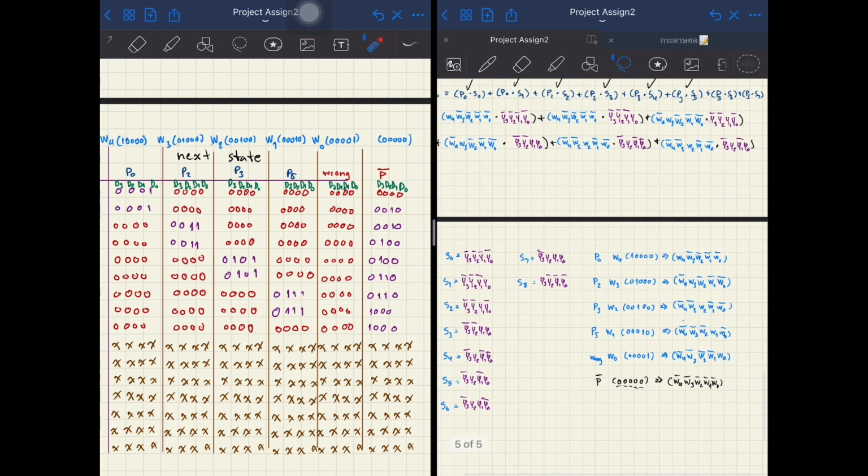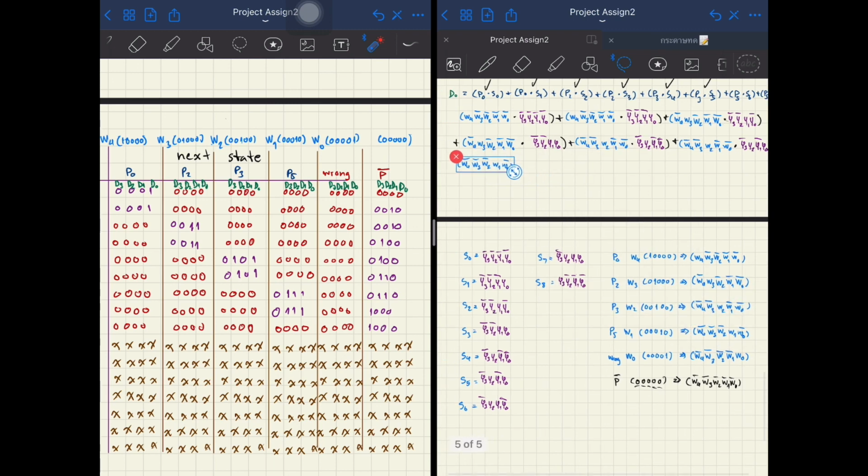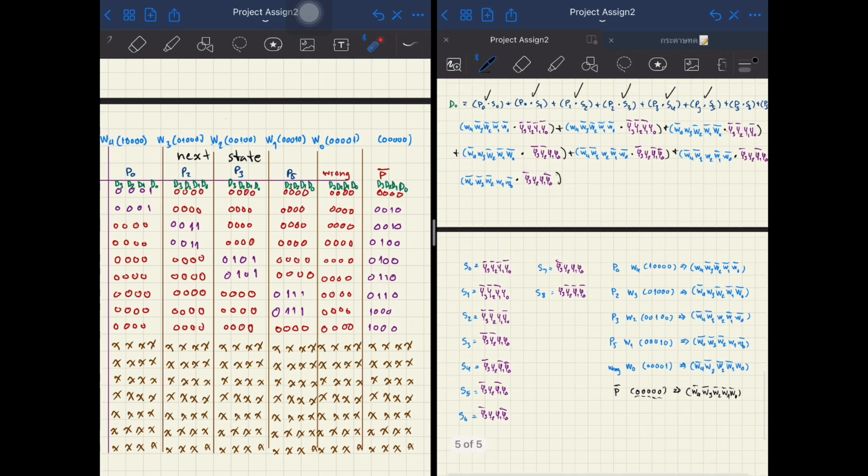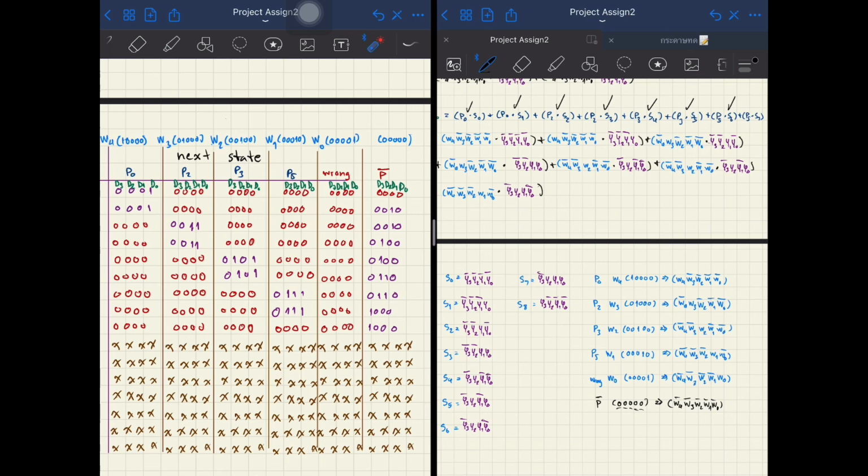P5 it means press 5 or W1. And with state 6 is here. And check it. And last one is P5, right? P5 is here.